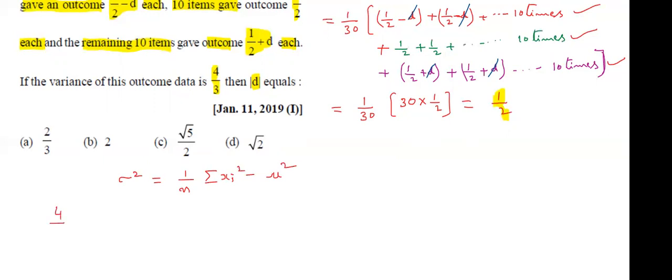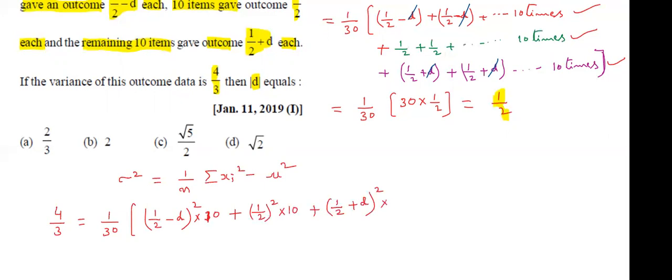So the variance value 4/3 is equal to 1/n, that is 30, times: 1/2 minus d whole square repeated 10 times, plus 1/2 whole square also repeated 10 times, plus 1/2 plus d whole square also repeated 10 times, minus mu square. Mu square means 1/2 whole square.